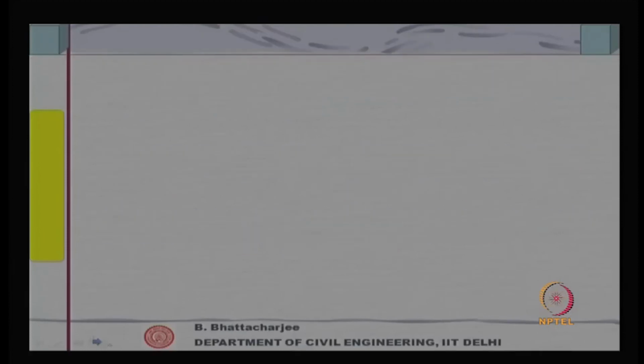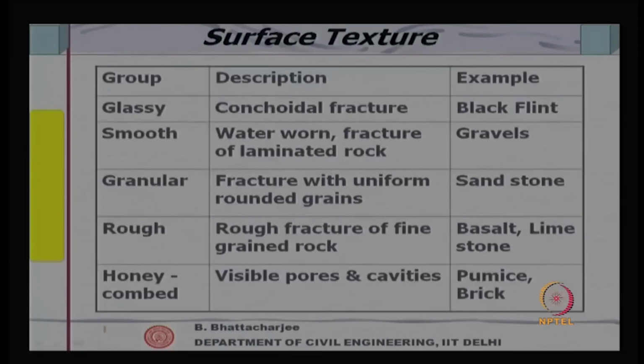The classification related to this is something like this. For example, glassy is conchoidal fracture, black flint is an example. Smooth is water worn, fracture of laminated rocks, that results in water worn gravels. Granular is fracture with granular surface texture, that means grains will be protruding out, with uniform rounded grains, sandstone.